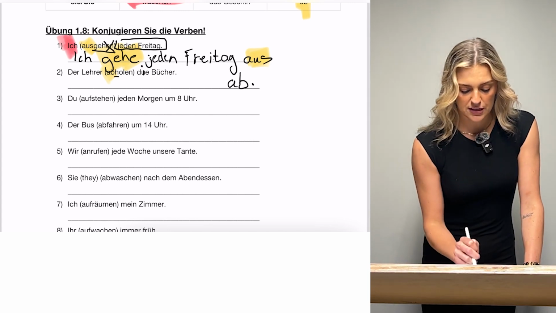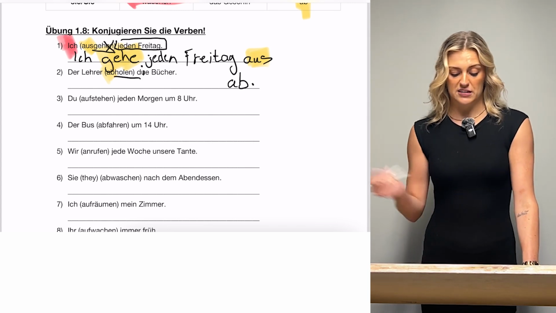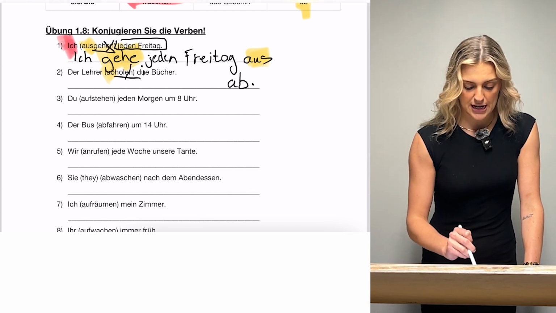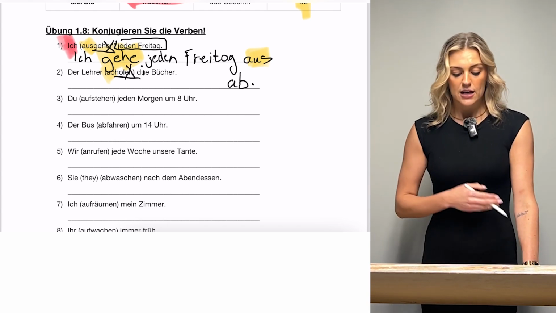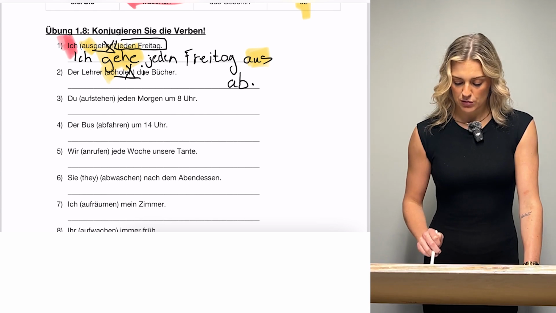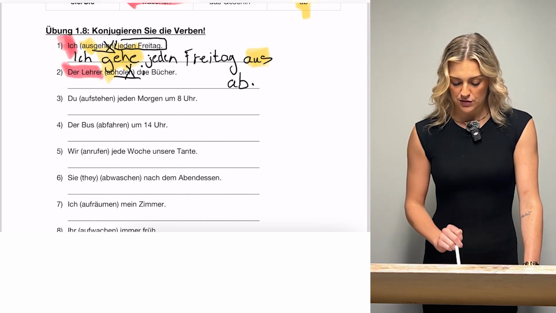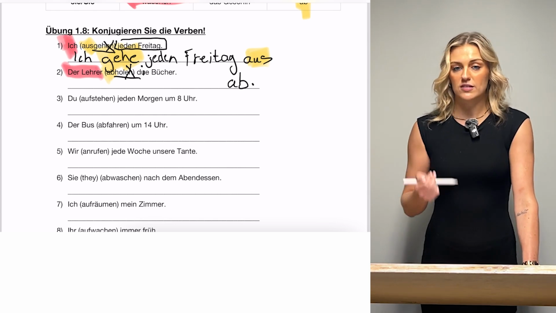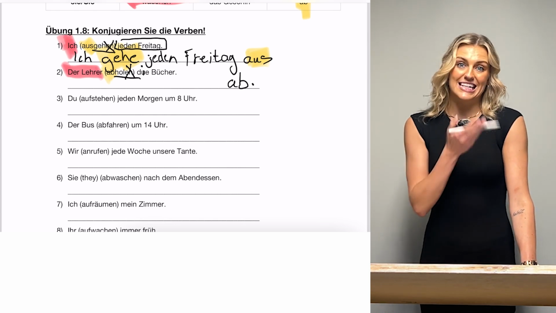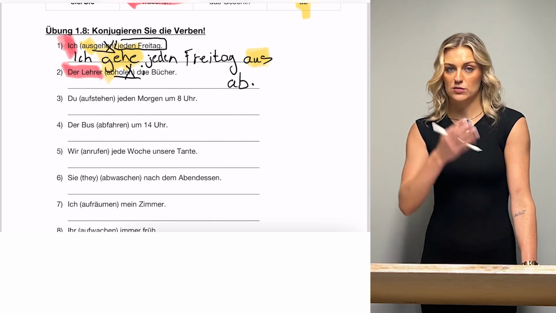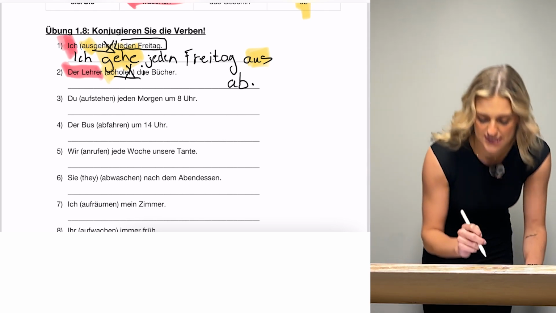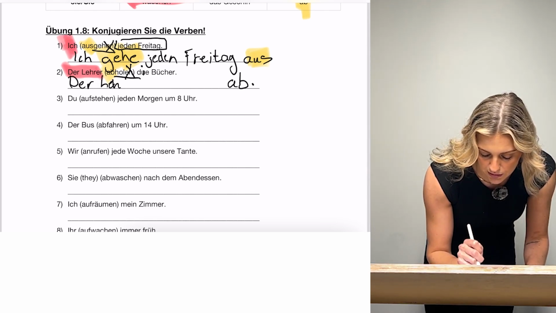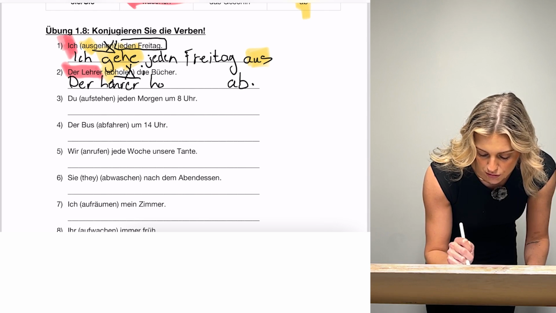Rest of the verb then is conjugated as normal. It's regular, so I just conjugate it as I would normally. I take off my en and add on my ending for my subject. So the person doing my verb is der Lehrer, the teacher. So the teacher collects the books. If I wasn't going to say the teacher, I would say he collects the books, okay? So I use my ending for he, which is t. So der Lehrer holt.